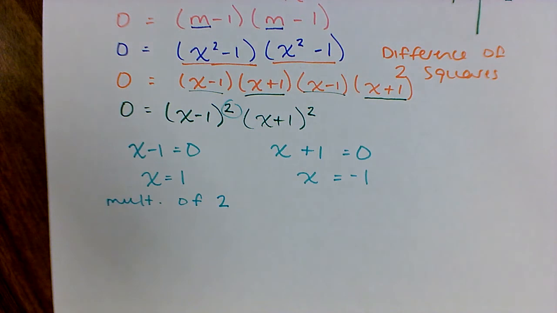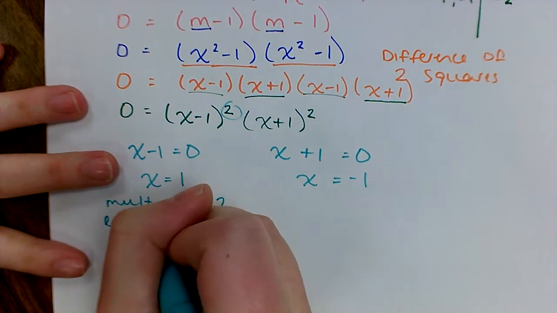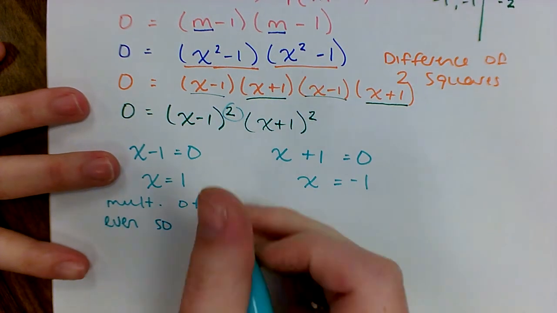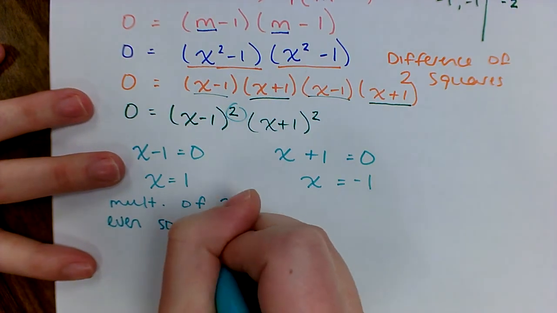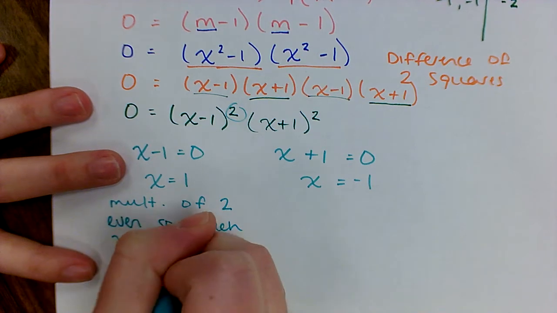We look at whether it's even or odd. Is 2 even or odd? 2 is even, so even multiplicities do what to my x-axis? Even multiplicities touch my x-axis.